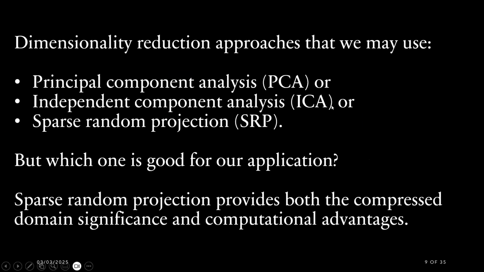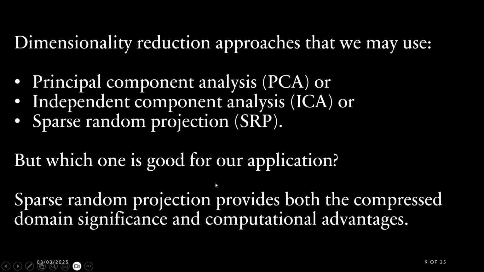Then independent component analysis basically uses the statistical properties of independence of variables. And then the sparse random projection is distance-based. It doesn't care about the correlation or independence between the features, but tries to find the dimensional reduction with respect to the actual distance between the feature vectors.